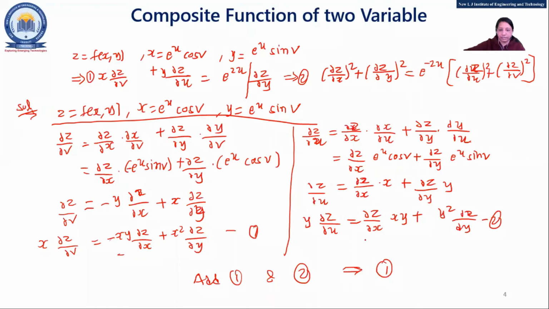Now this is x square plus y square into del z by del y. Here x square and y square: do the square of this, so cos square plus sin square is 1, and e raised to 2u. So that will be your first one. Any doubt in that? Just simple addition of 1 and 2.